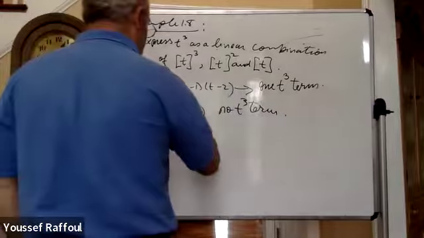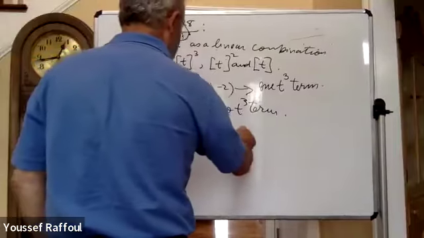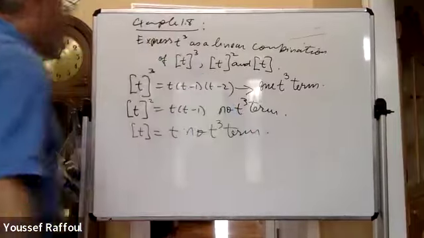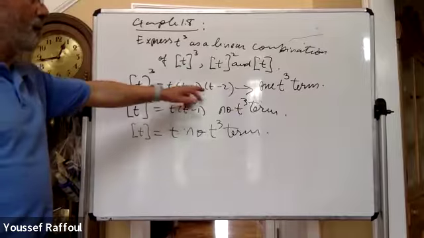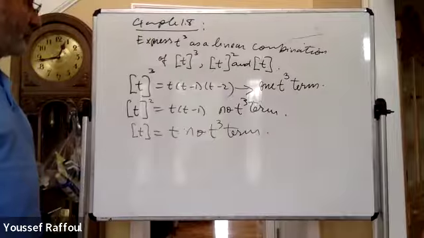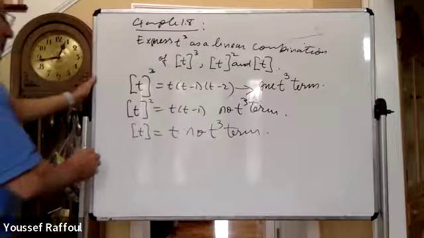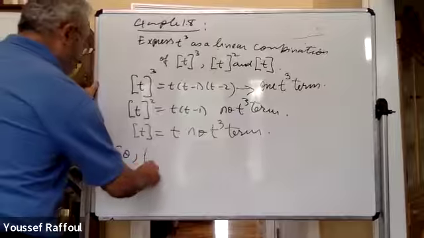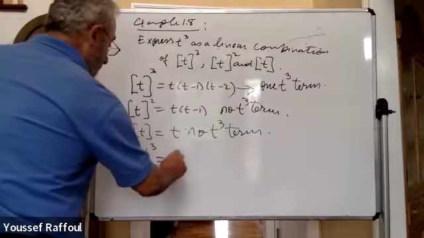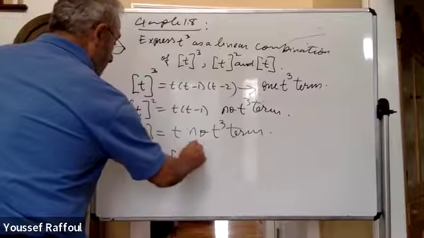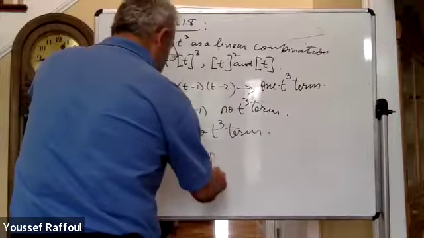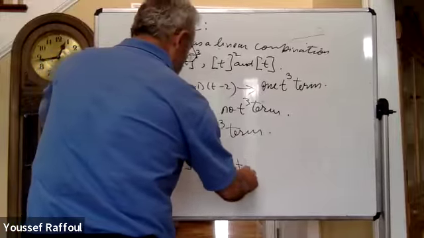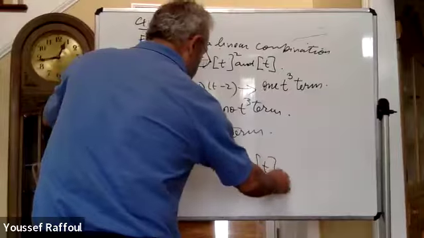Again, no t cubed term. Well, here there are more than one t squared term and t term. Okay, so we say t cubed is t cubed plus alpha t squared plus beta t.